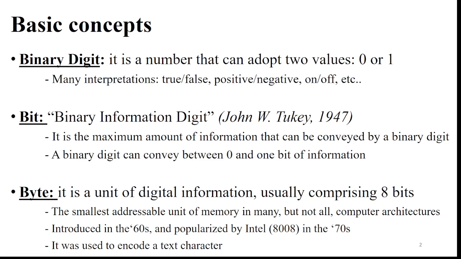So a single bit represents one of two possible states, either 0 or 1. And it can convey up to one piece of information. So a binary digit can convey between 0 and 1 bit of information. This is the definition of bit. So also we talk about two possible states, either 0 or 1.